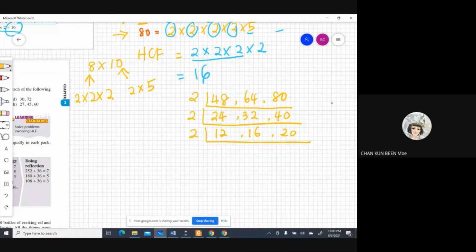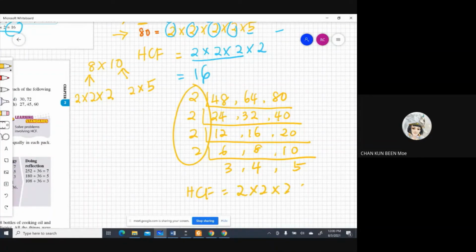Then 2 again: 2 times 6, 2 times 8, 2 times 10. Then 2 again: 2 times 3, 2 times 4, 2 times 5. So we cannot divide anymore. The prime factorization using the repeated division method to find the HCF is equal to 2 times 2 times 2 times 2. So you can see the number is the same, which is 16 also.